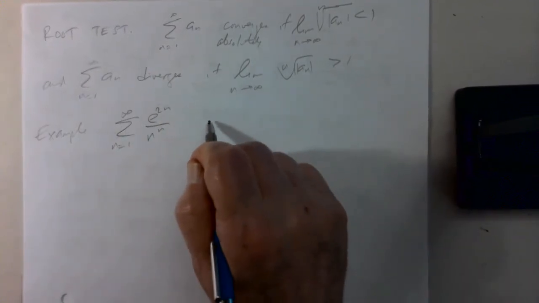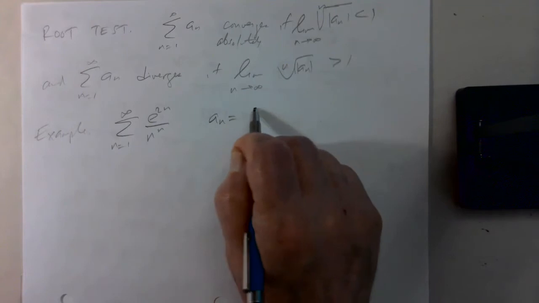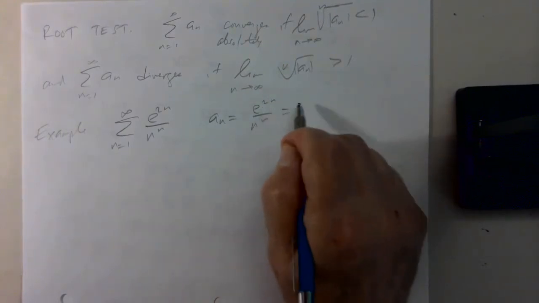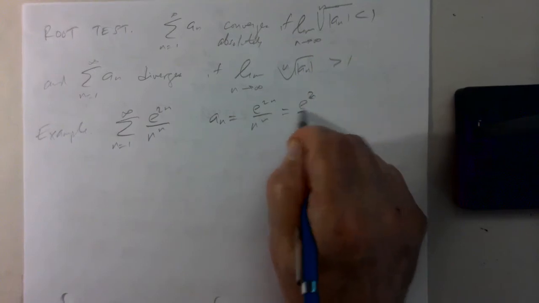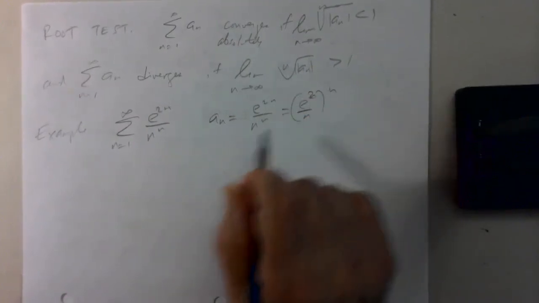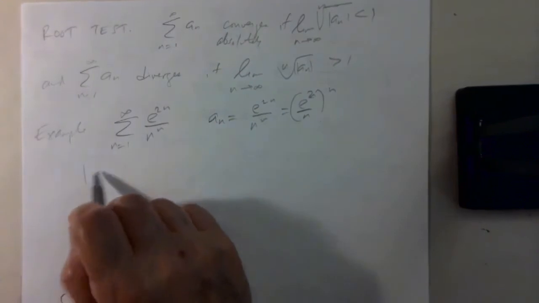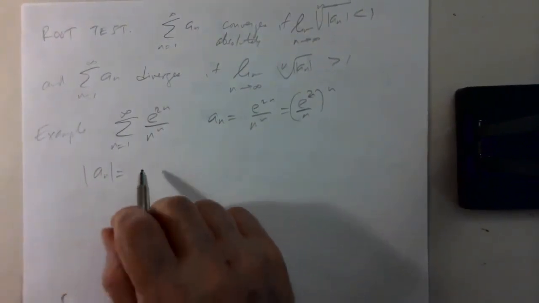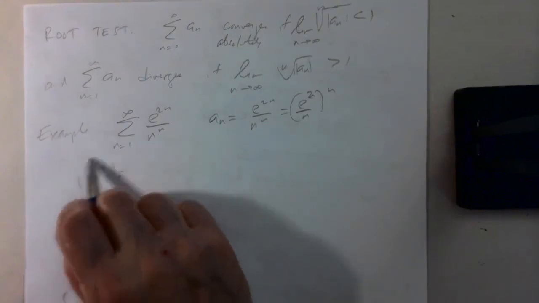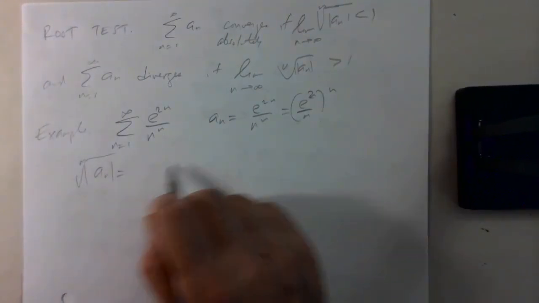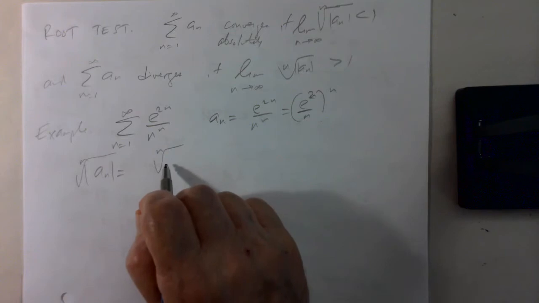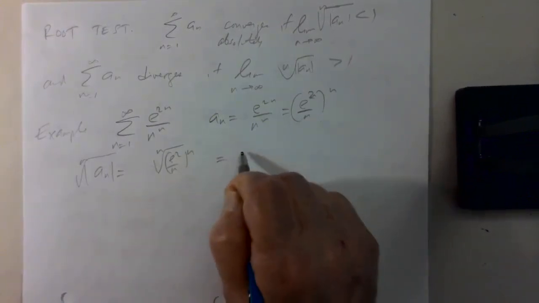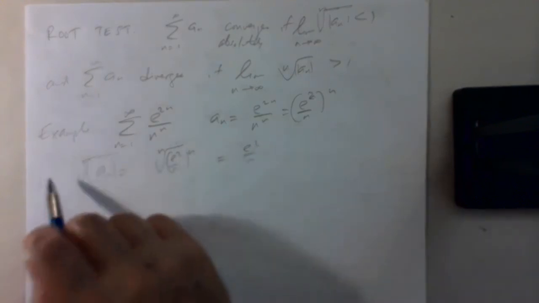So a sub n is e to the 2n over n to the n, which is e squared over n to the nth. And then the nth root of the absolute value of a sub n is the nth root of e squared over n to the n, which is e squared over n.